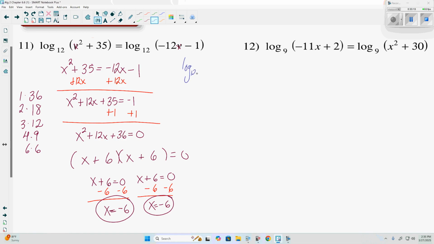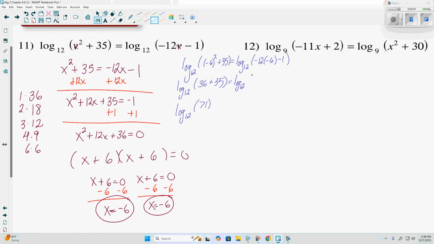So log base 12 of negative 6 squared plus 35 is equal to log base 12 of negative 12 times negative 6 minus 1. So we'll look at the left side first. Negative 6 squared, negative 6 times negative 6 would be 36. And 36 plus 35 would give us log base 12 of 71.